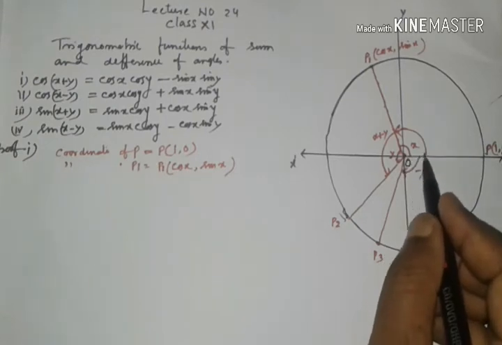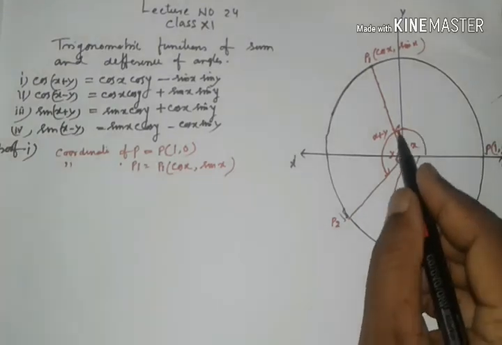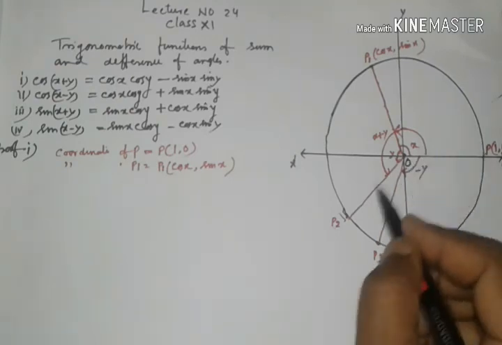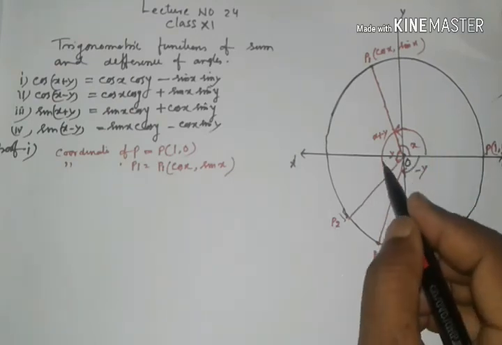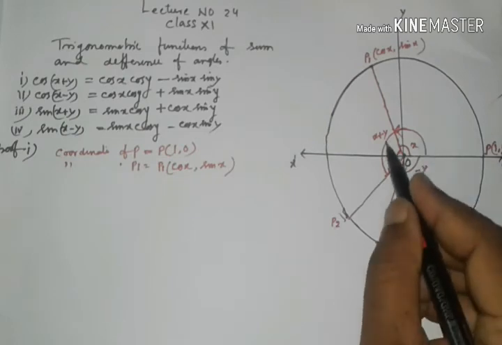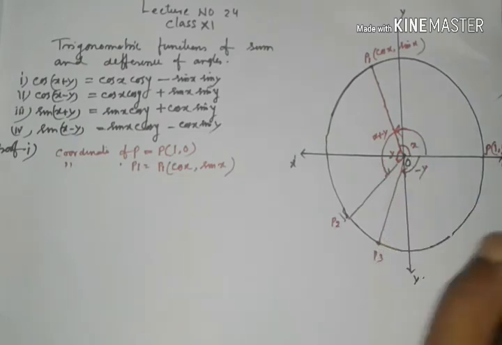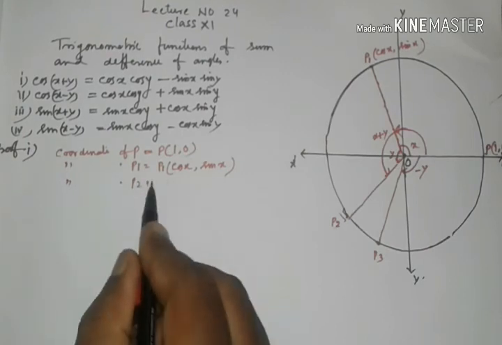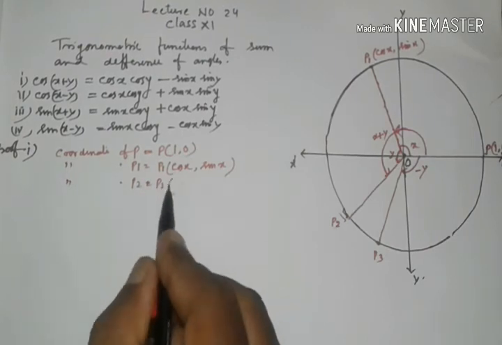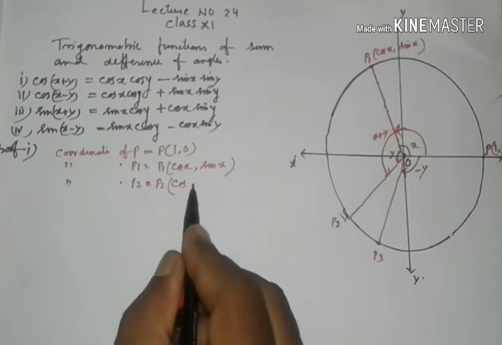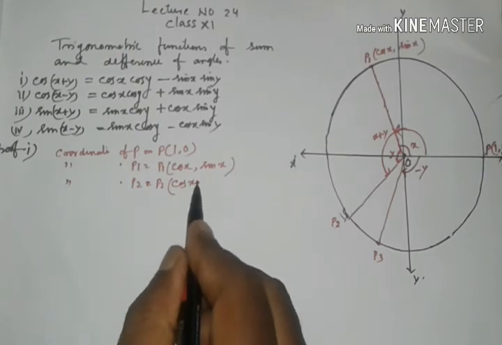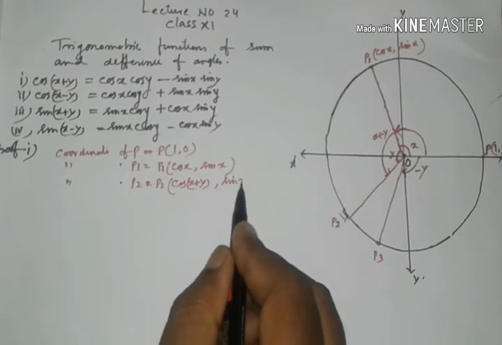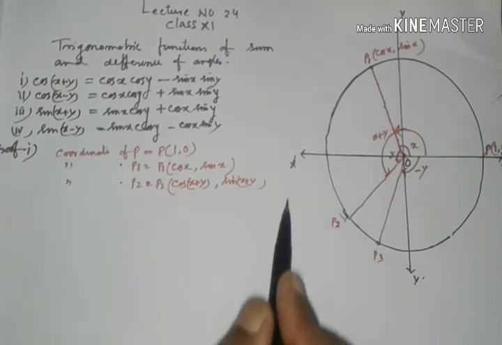Angle POP2 makes an angle x plus y with OX. Therefore, the coordinate of P2 is (cos(x + y), sin(x + y)).